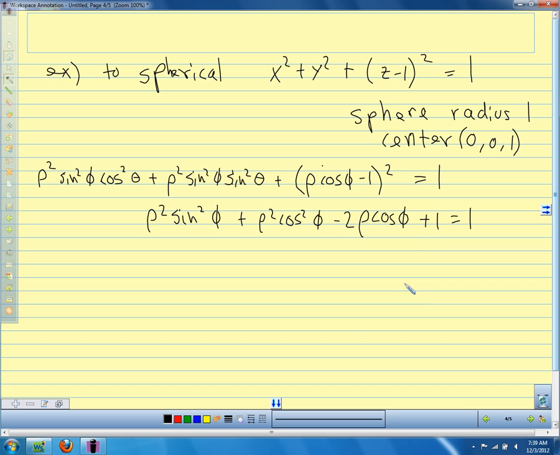And now what can we do? We can factor out a rho squared from these two terms, and then we have a sine squared phi plus cosine squared phi left over. So I end up with rho squared minus 2 rho cosine phi equals, and I'm going to subtract 1 from both sides, equals 0.